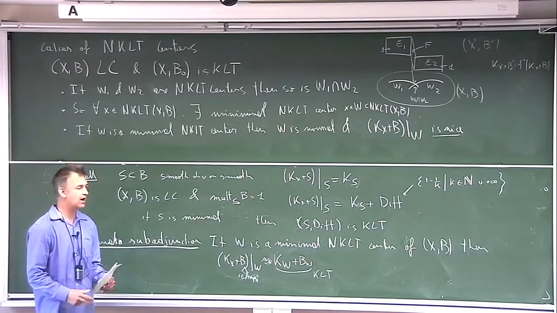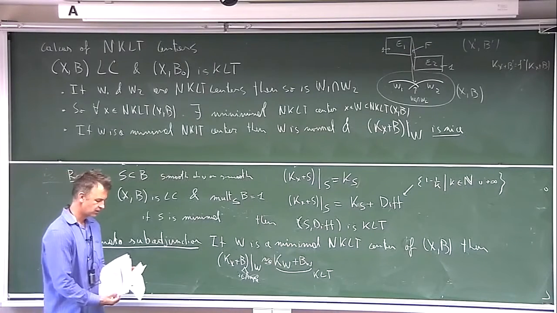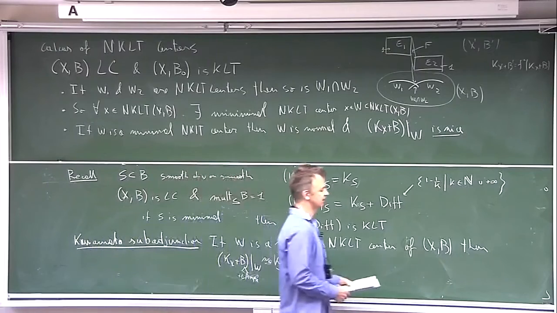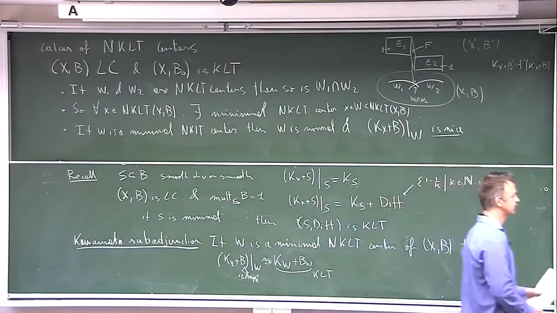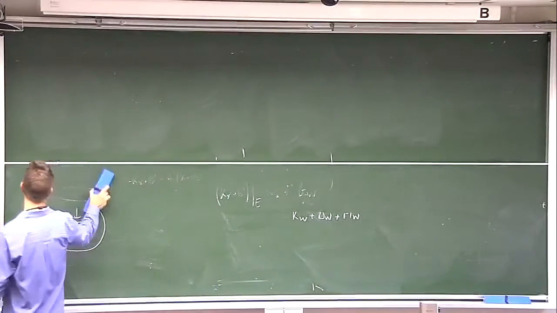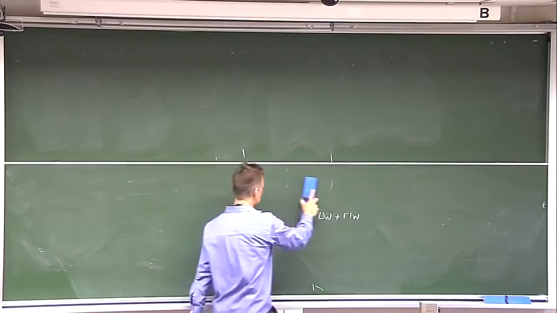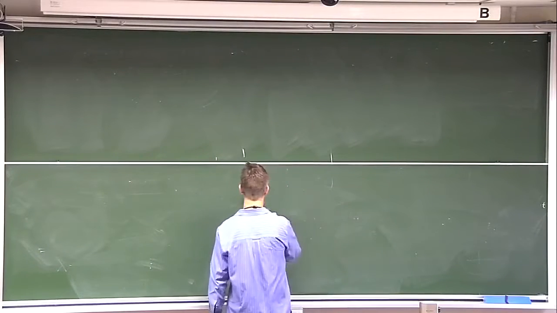Okay, so now I'm ready to talk about multiplier ideal sheaves, which is the last technical thing I need to talk about before we start with the proofs. So definitely, if I don't do some today, I can definitely start with them at the beginning of next lecture. So maybe to put ourselves in a slightly more friendly setting, I'll pretend that the ambient variety is smooth.